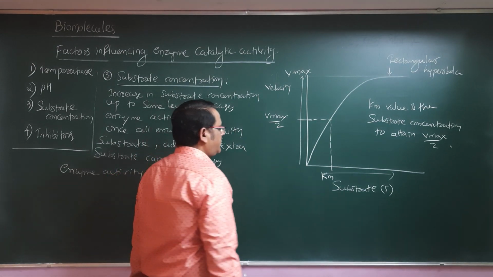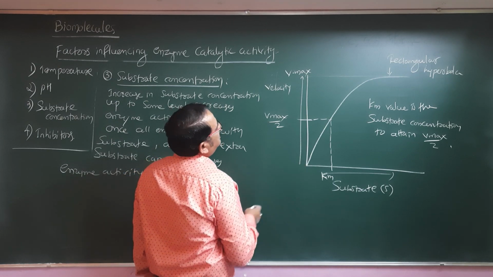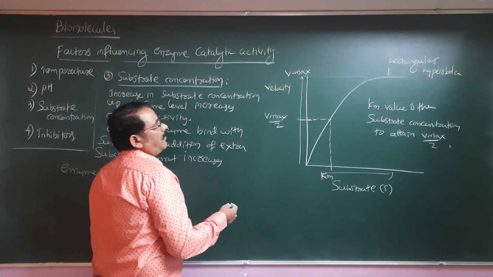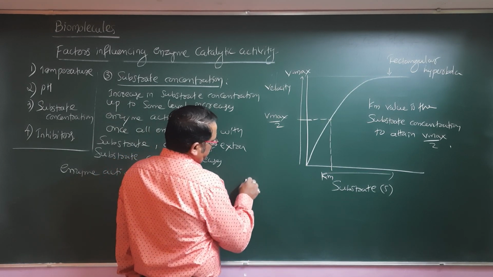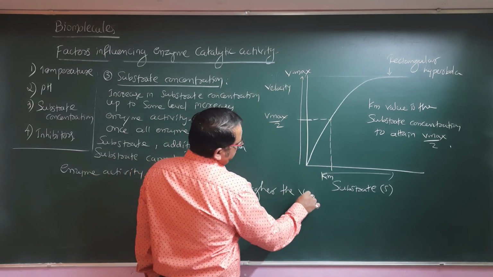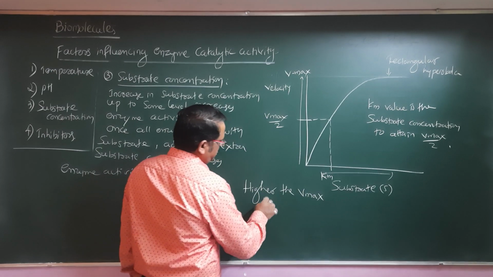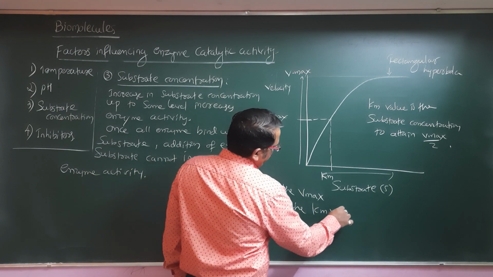So we can conclude the correlation between the velocity, or enzyme activity: the higher the Vmax, the lesser the Km value.